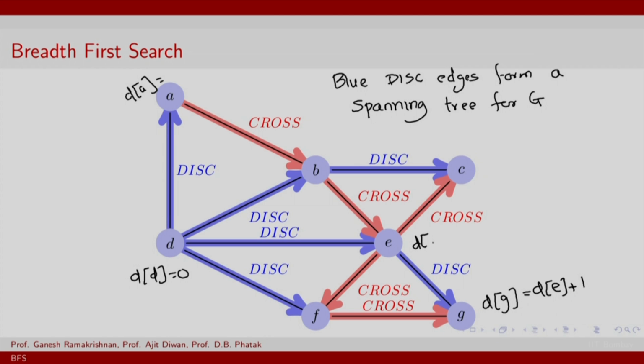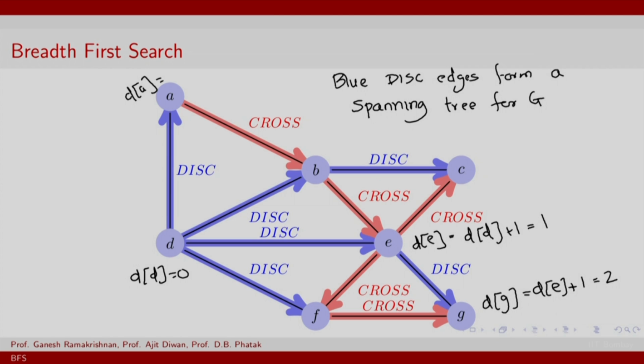Now distance of E in turn is distance of D plus 1, and we realize that distance of D is 0, so distance of E is 1, and therefore substituting we get the distance of G to be 2. Note that you could have approached G via B and E, which would have given you a path length of 3. However, that is not the path that BFS gives us, because the cross edge is never a part of BFS.